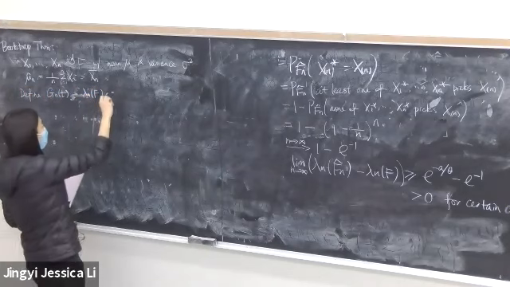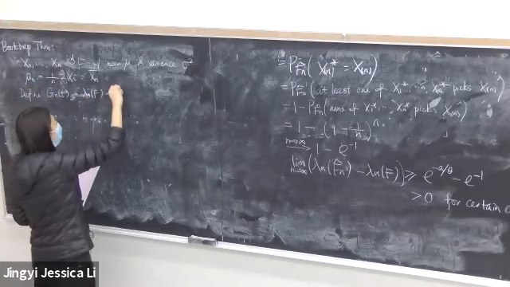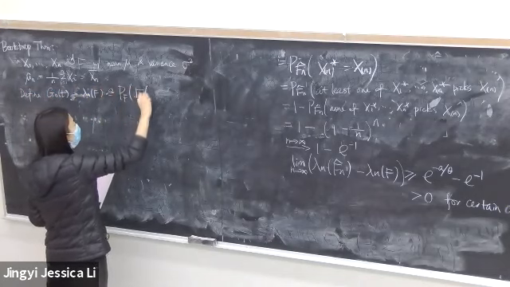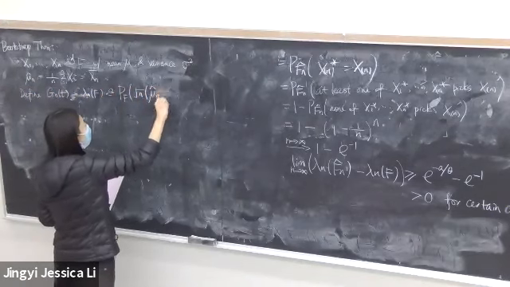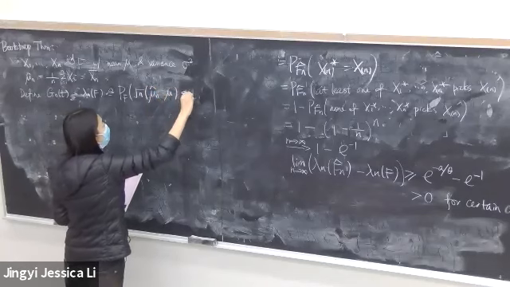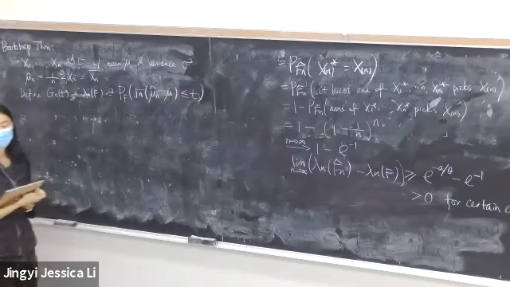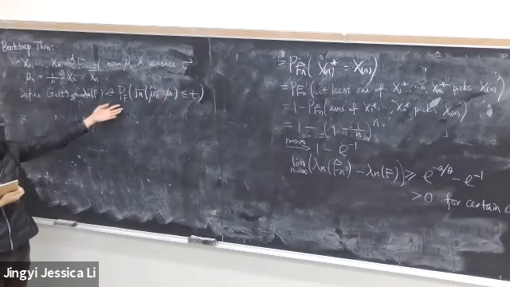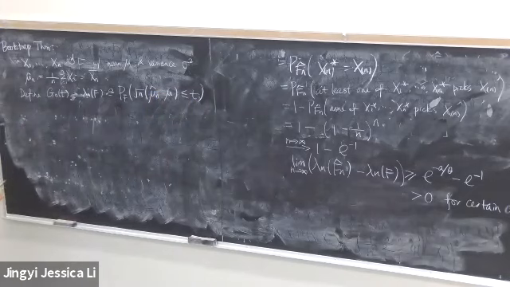We define it as the probability under F of root n times (mu n hat minus mu) less or equal than t. This is our interest. We're interested in this distribution, right? This is actually the problem in our central limit theorem. We are trying to talk about the limit of this, and we have the result already.